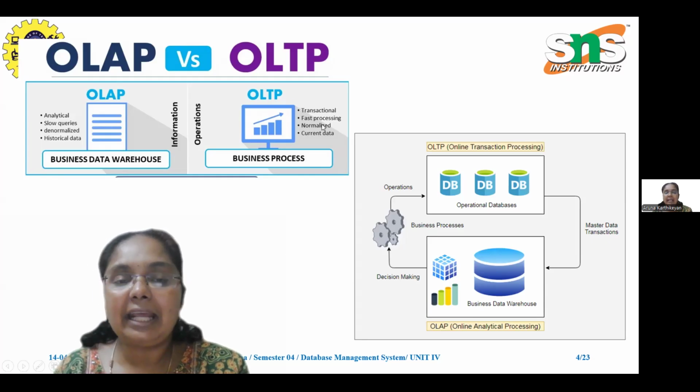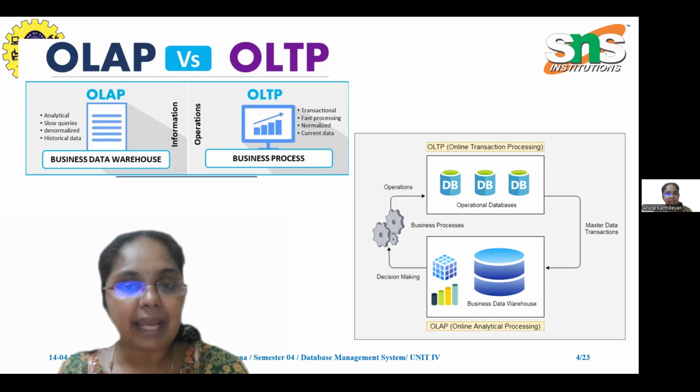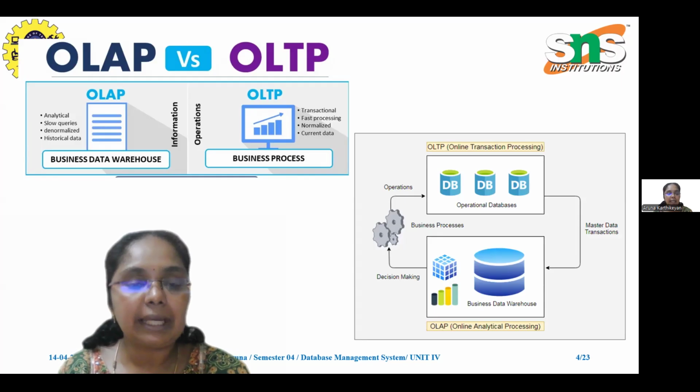Online transaction processing means all our banking applications, and it is very fast. For example, if you want to transmit an amount from one account to another account, I simply use GPay or any other online tool or net banking.